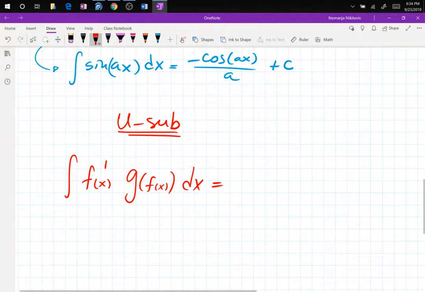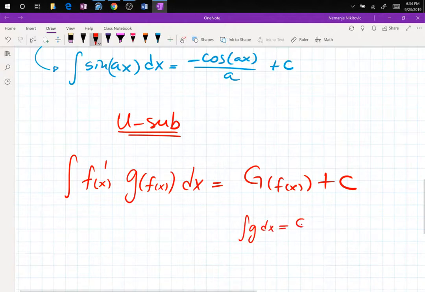So now when you're taking a look at this, you are looking for the answer of g of f of x plus c. Now it doesn't mean much when you put it in this form, but understanding that the integral of g dx is the capital G plus c, then you know that the capital G is the antiderivative of the lowercase g.